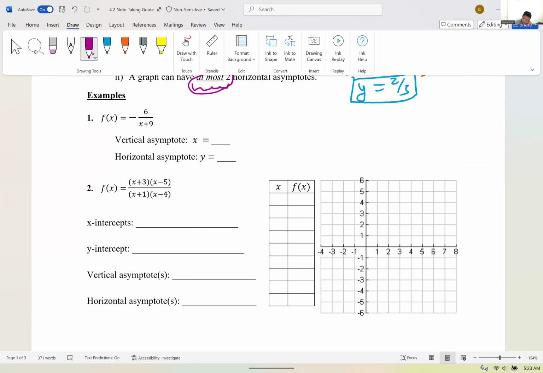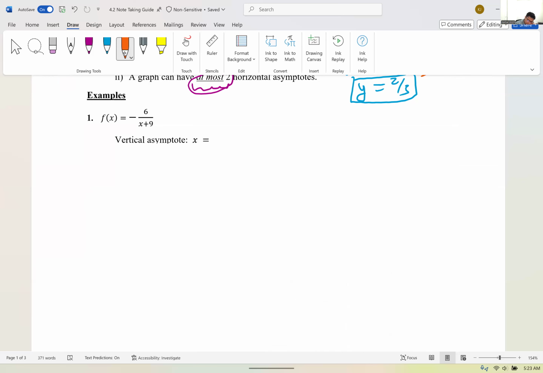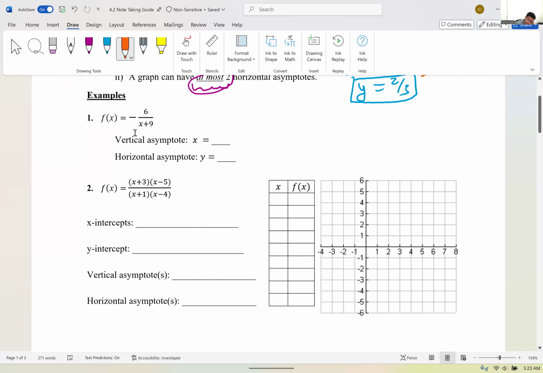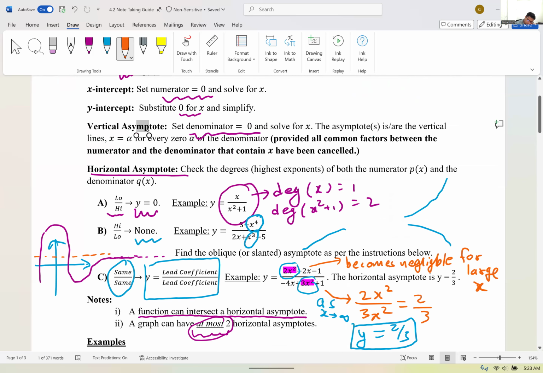Now let us look at some examples. Again, first a simple example. You have x plus 9 in the denominator here. What's going on?